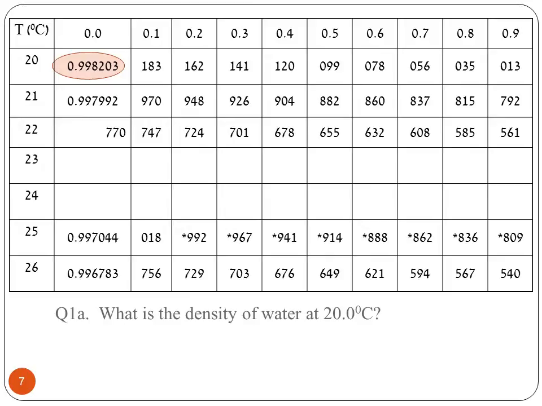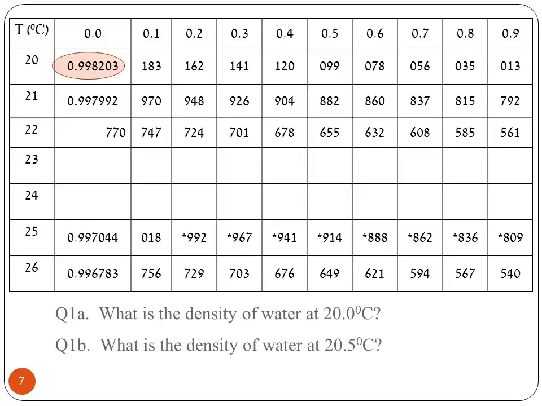That will be the density at 20.0 degrees C. So, the density of water at 20.0 degrees C will be 0.99820 gram per milliliter.